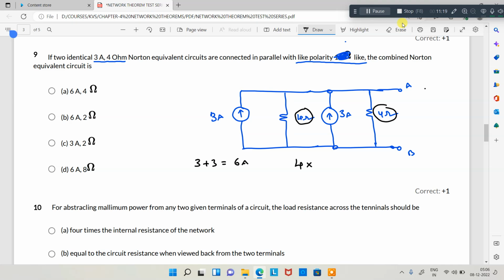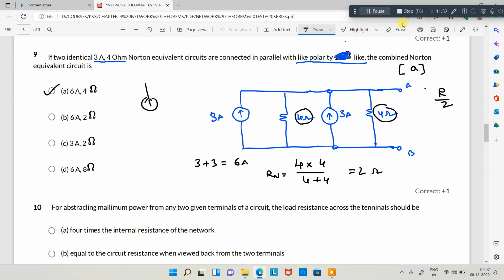Whenever both the resistors are equal and connected in parallel, it is half of the resistance, 2 ohms, because it is an objective exam, time is very important. Directly you can calculate: 4 ohms and 4 ohms are both the same resistors connected in parallel, so the resistance value is R by 2, that is 4 by 2 ohms directly. It is 6 amperes. Look at here, 6 amperes, 4 ohms. Option A is a correct option.